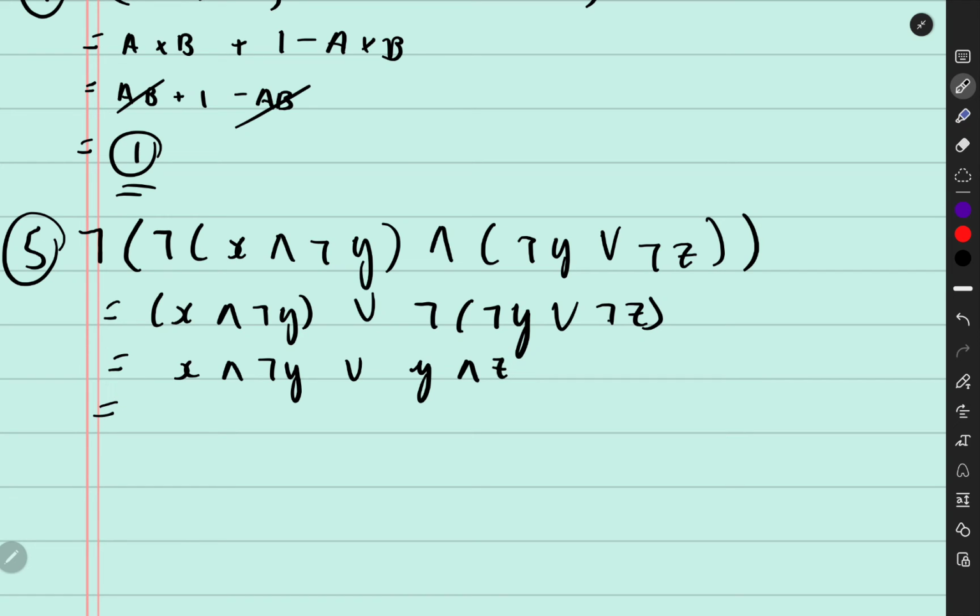Now we can change it to algebraic expressions. You have x times 1 minus y plus zy.